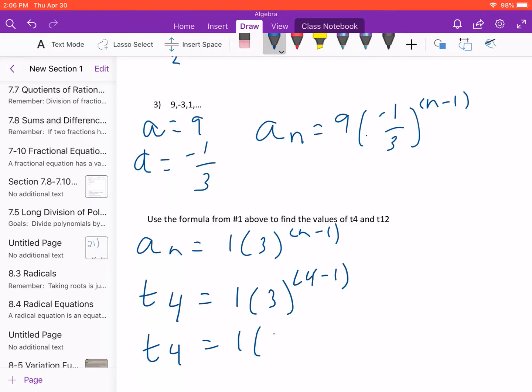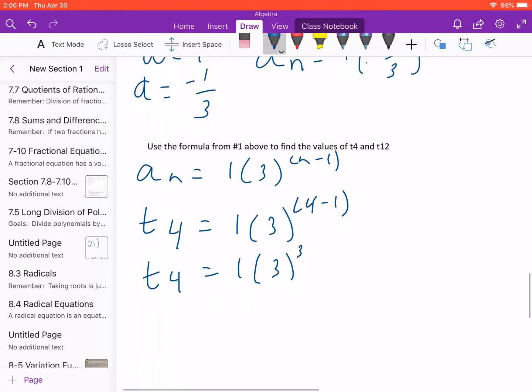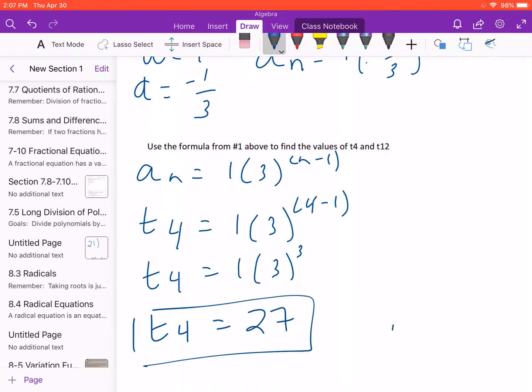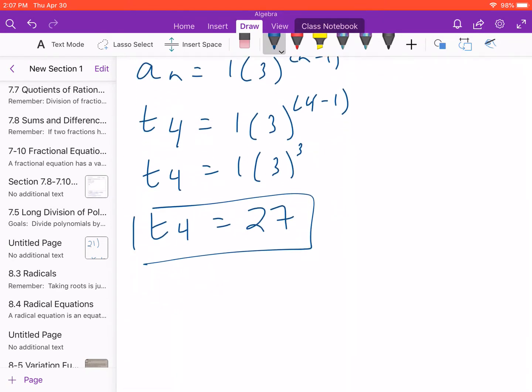And I'm going to show each step here so you guys don't make a mistake. 1 times 3, all raised to the 3rd power. 3 to the 3rd power is 27, so t sub 4 is equal to 27. And the very last one, it wants us to find the 12th number in the sequence.